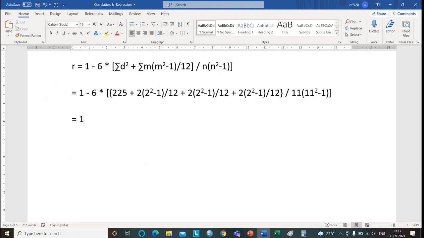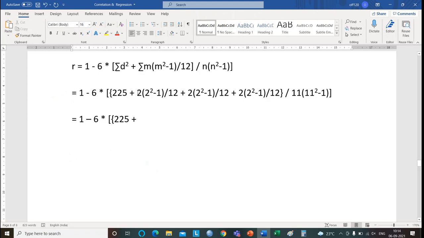So that is equal to 1 minus 6 into 225 plus, let us find out the expression answer.